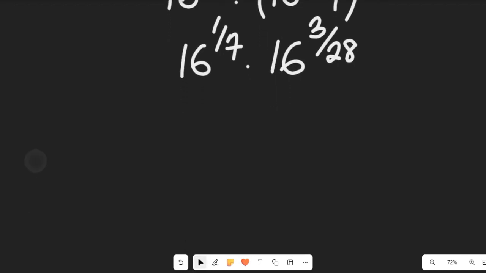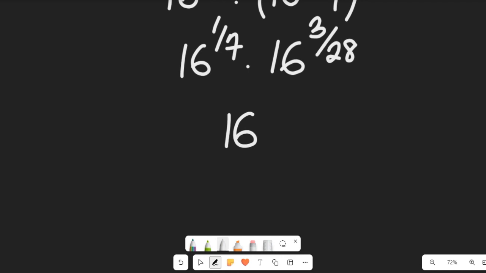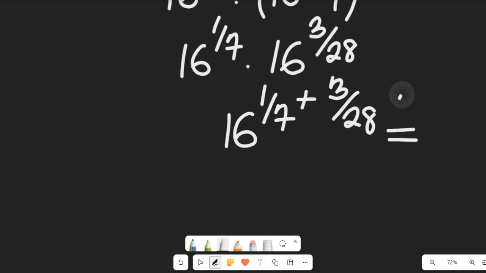So because we have the same base, that is also going to do what? Add. So we'll have this to become 16 to the power of 1 divided by 7 plus 3 divided by 28, right? Now remember, will this be equal to 2?